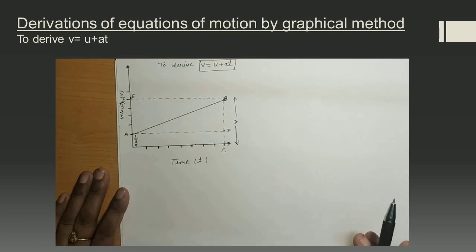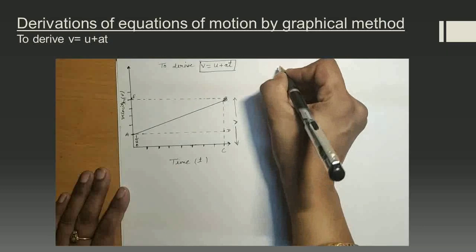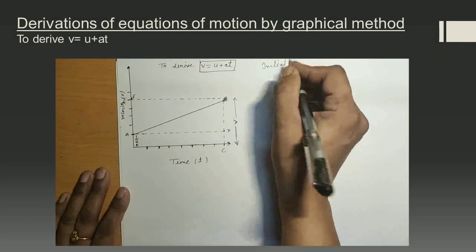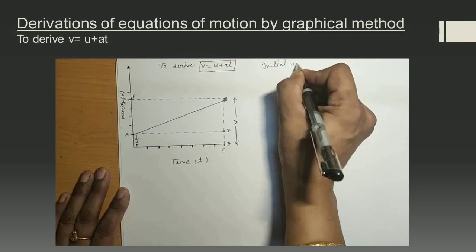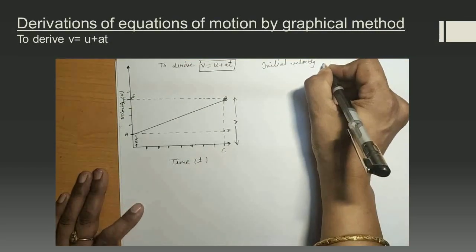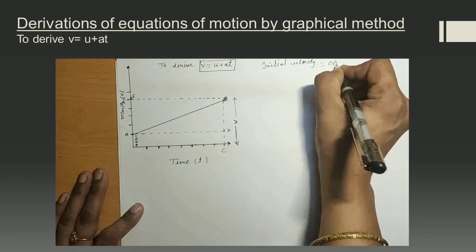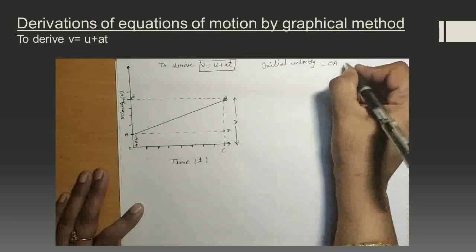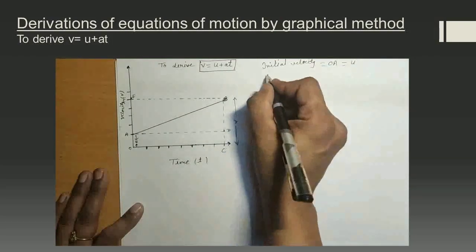It is evident from the velocity-time graph that the initial velocity is equal to OA. You can see here, this is the origin point O. OA is equal to u.